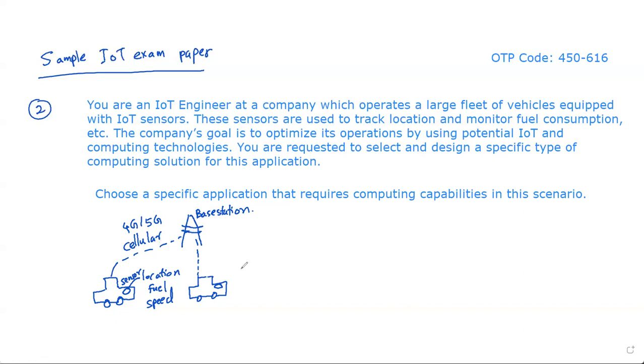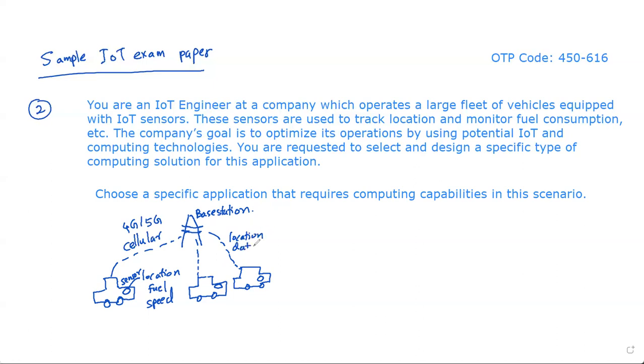So let's assume that the devices are connected to the base station nearest to them, and they are forming an IoT network where they are sending data related to their status, for example, their location. So they are sending their location data.